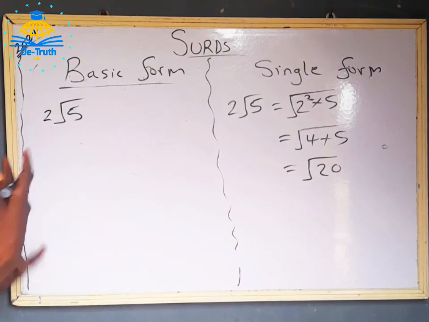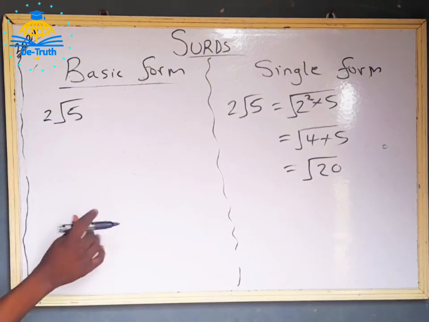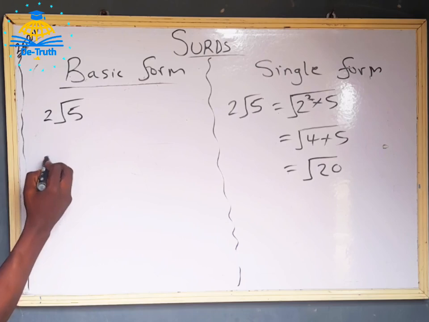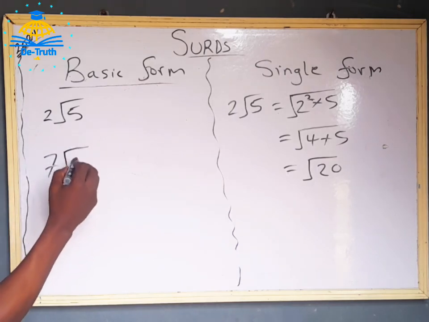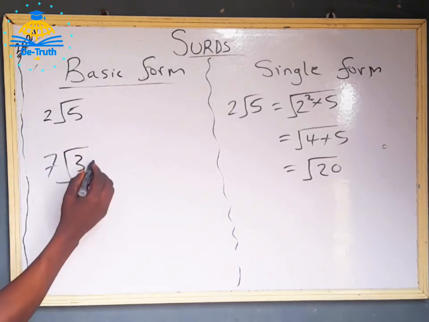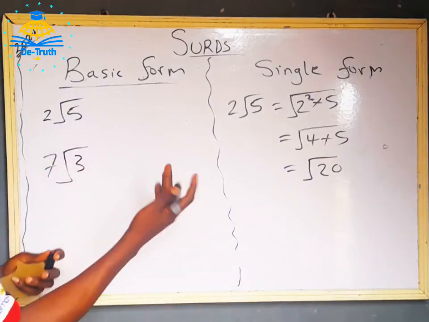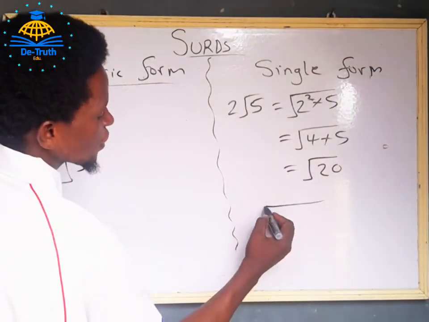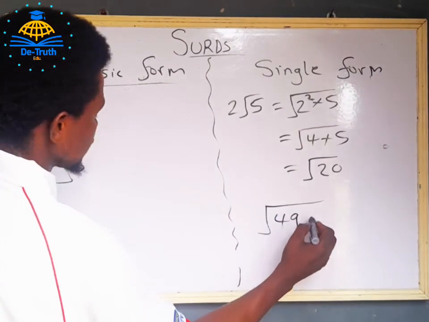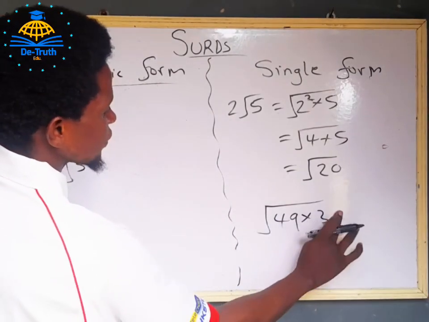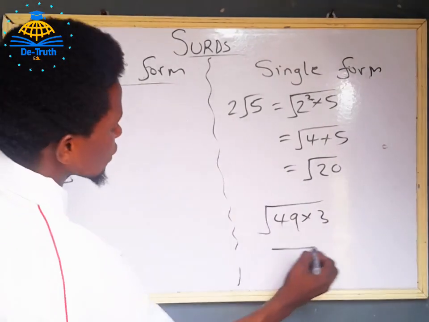So we can give different basic forms, like 7 root 3. If you want to convert it to single form, it is going to be root of 49 times 3.